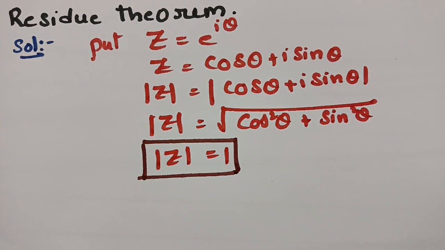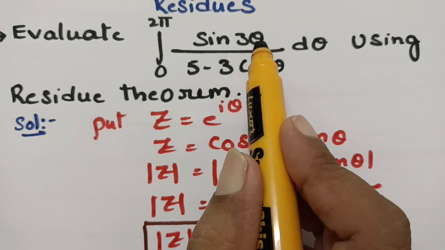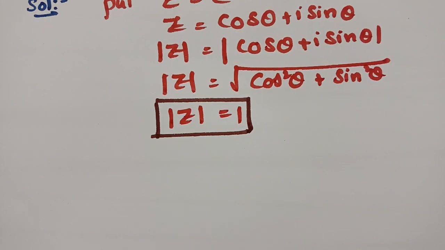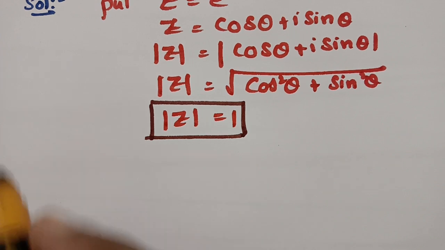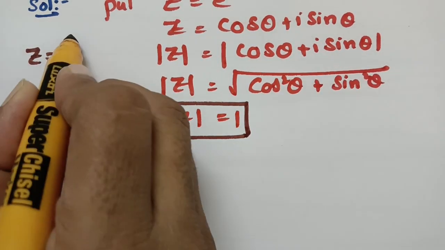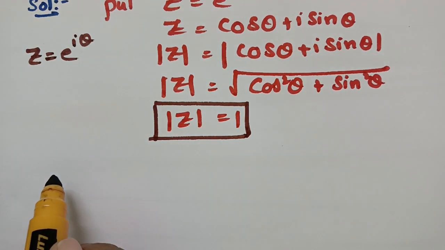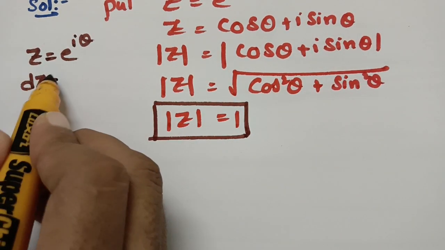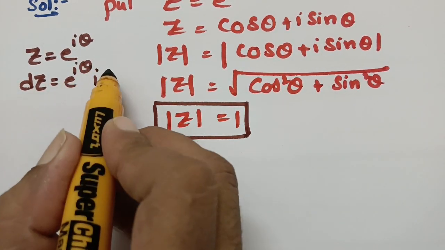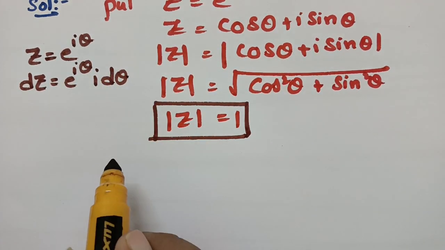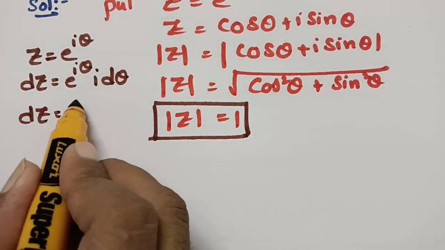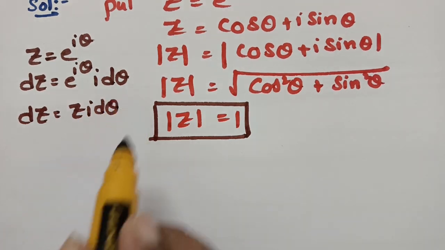And the next thing here is we need sin 3 theta, d theta, and cos theta, all three values. See here, I am showing you. Again we have z equal to e power i theta. If I differentiate on both sides, then dz is equal to e power i theta, which is again e power i theta, and for i it's a constant, and for theta this is d theta. e power i theta is nothing but z, so this is z i d theta.